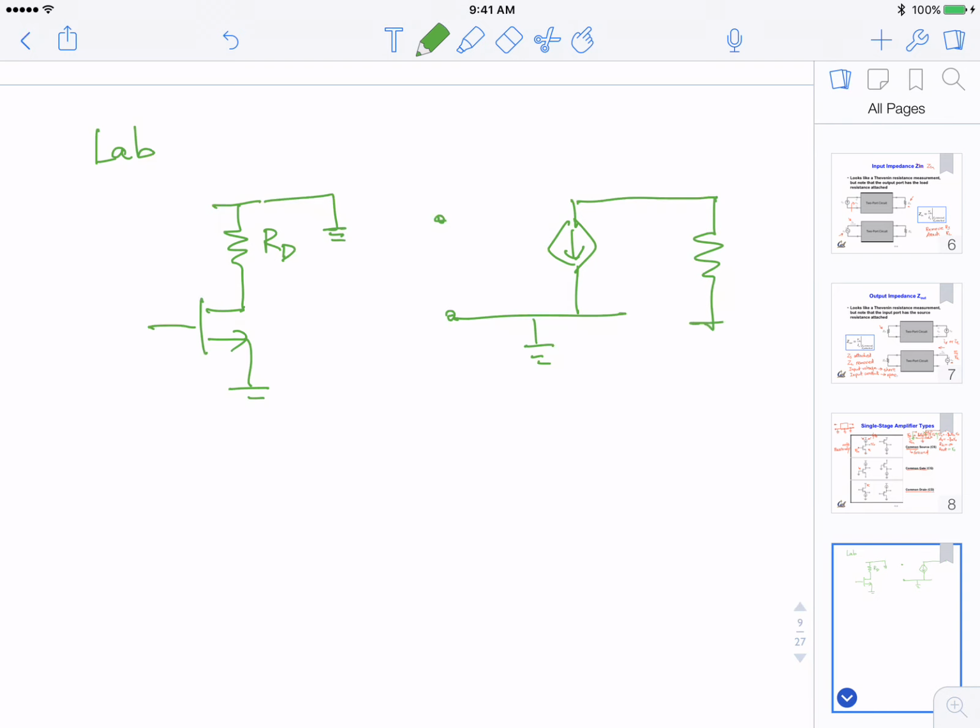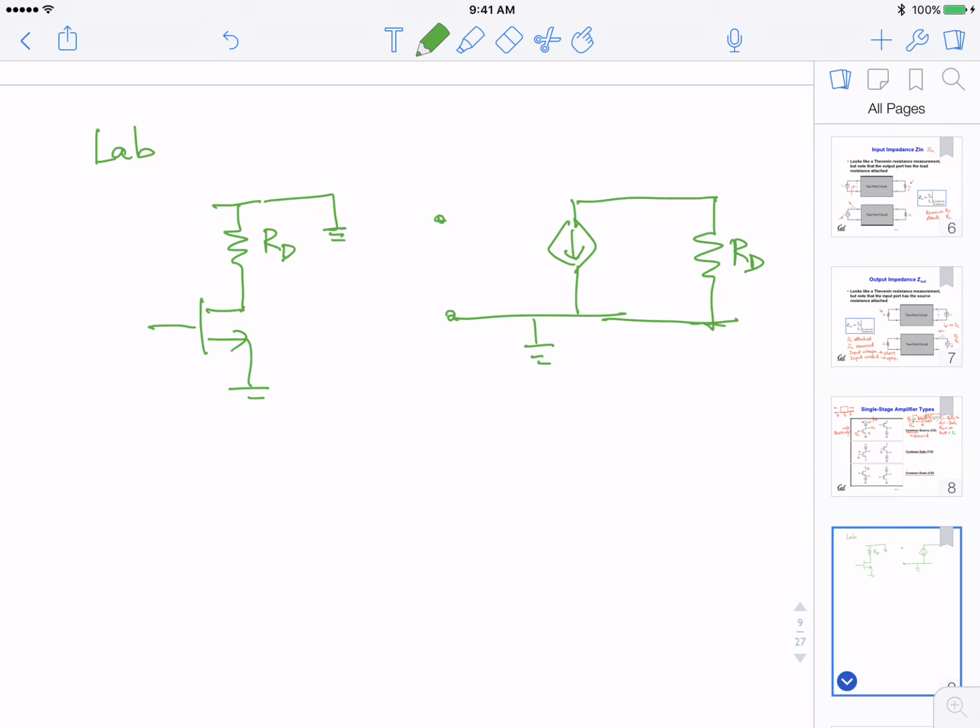So your equivalent circuit looks like that, and this is your V in. Your output is now the current going through RD, so your output is minus GM VGS times RD.